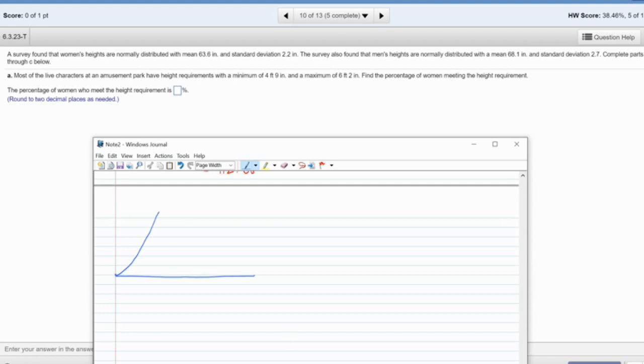Part A is about the women, so we'll start with women first. Here x is the height. Now the mean is equal to 63.6 inches and the sigma equals 2.2 inches.